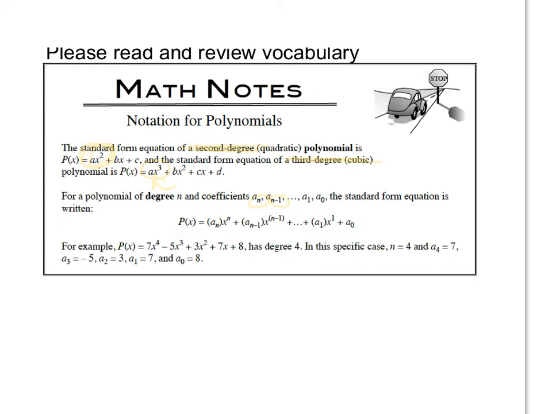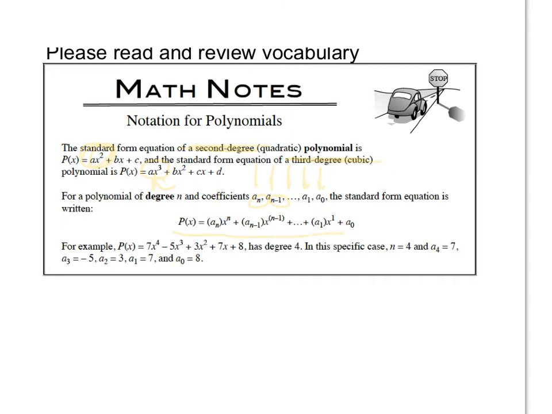So this could be the same as A, B, C, D, all the way down to Y, Z, if we had a polynomial of degree 26. You could use all the letters of the alphabet if you wanted to, instead of using a sub n minus 1, all the way down to a sub 0.